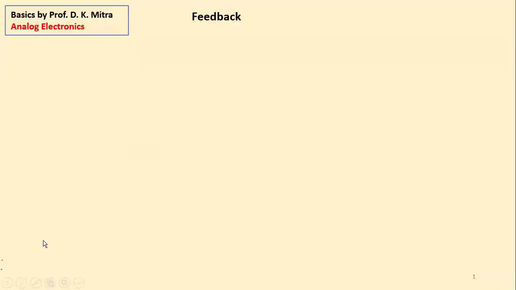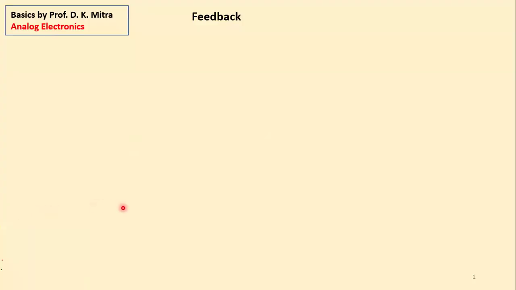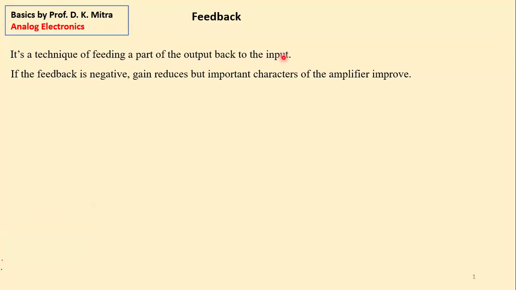So this is feedback. The chapter is feedback. Now we shall see. It is a technique of feeding a part of the output back to the input. Now, if the feedback is negative, the gain reduces.